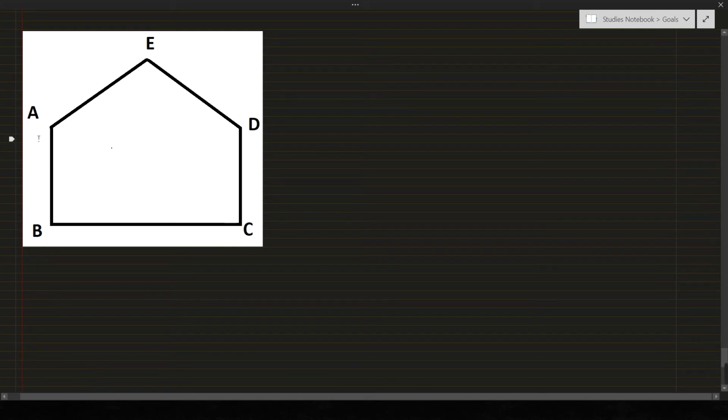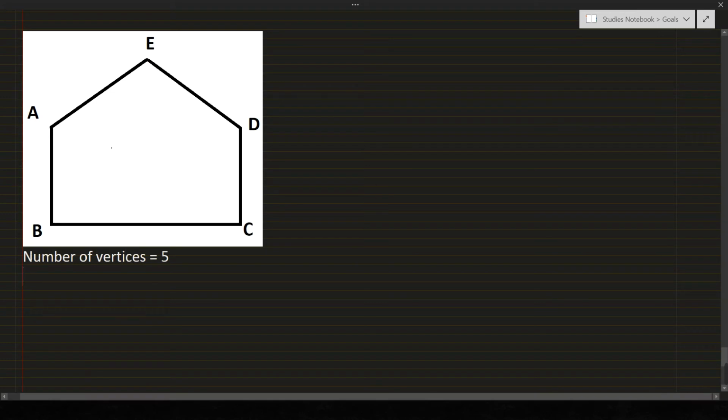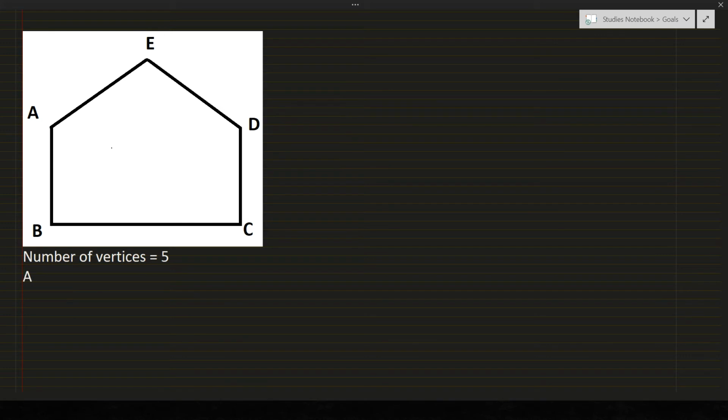The vertices are already labeled, so let's count the total number of vertices. The number of vertices in the graph would be 1, 2, 3, 4, 5. So 5. Next is to find the non-adjacent pairs. Let's start with A. What are the non-adjacent pairs for A?